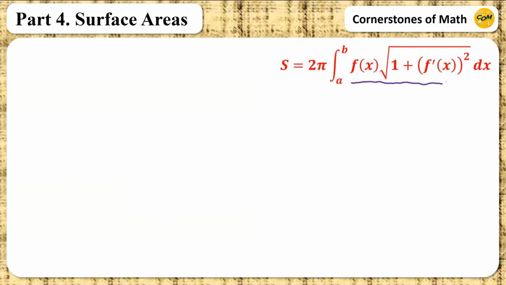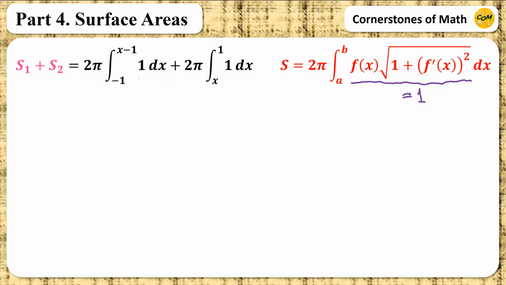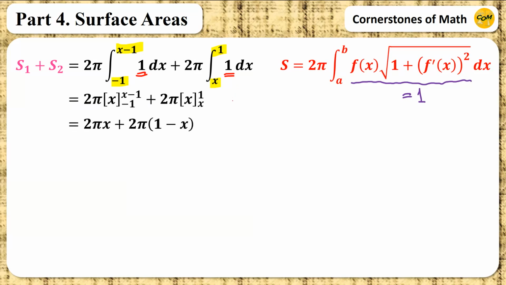So this entire part is 1, so the surface area S1 plus S2 becomes just the integrals of 1 from minus 1 to x, and then from x to 1. So carrying out this rather simple integral, we obtain 2 pi.